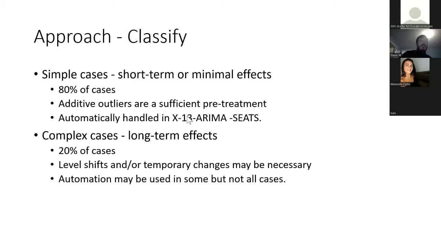We propose that they can be automatically handled in X-13-ARIMA-SEATS. The other 20% are the complex cases, and we think we can use automation to help detect, but we also need to rely on our subject matter areas to help make that decision.